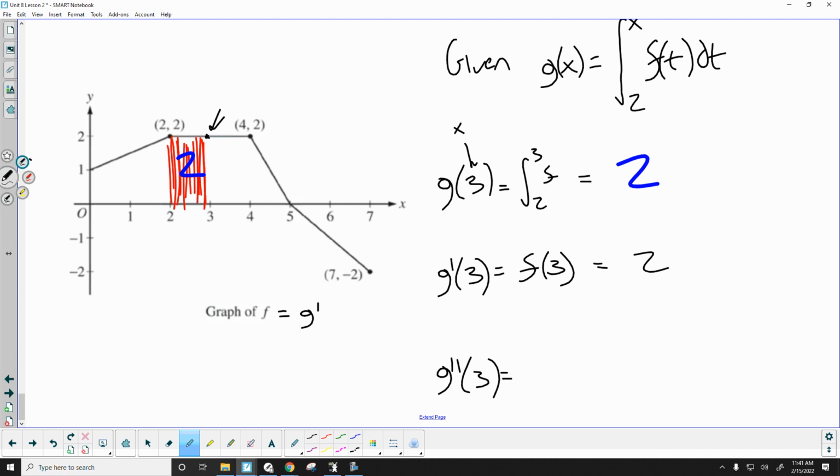What is g double prime of 3? 0, because f prime equals g double prime, so I just have to find f prime of 3. And f prime of 3 is 0. That's like back in Unit 2. Remember those derivative problems where you had to look at slopes of line segments? What's g double prime of 6?